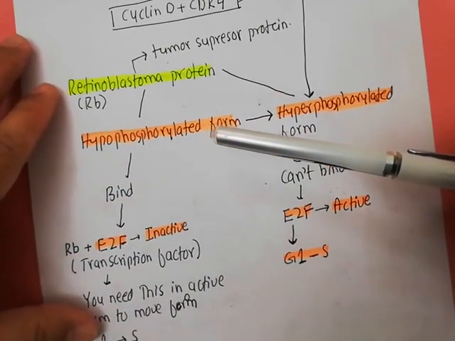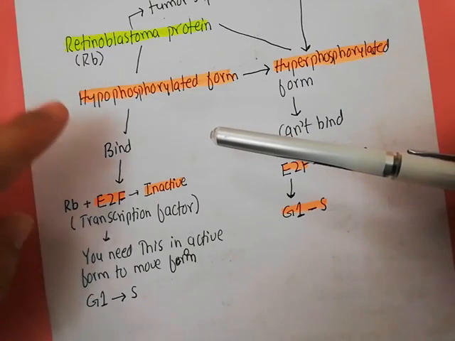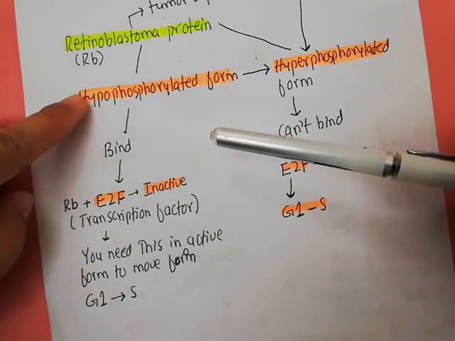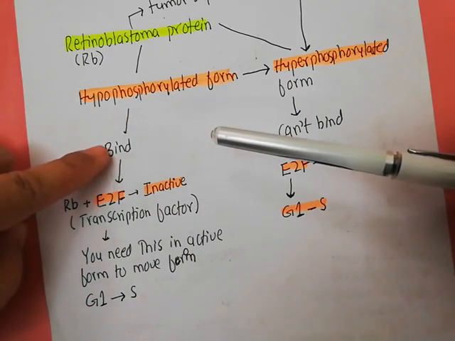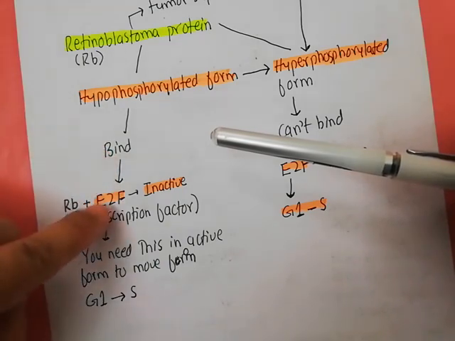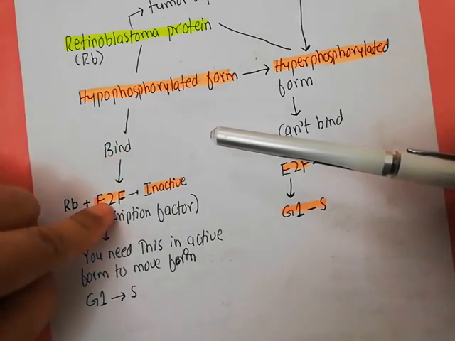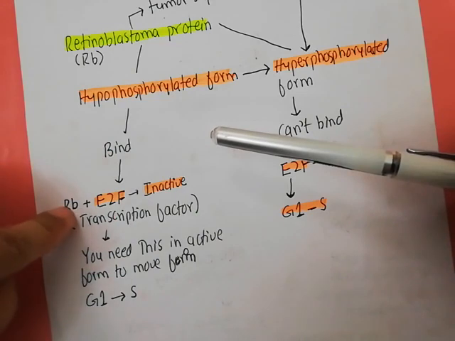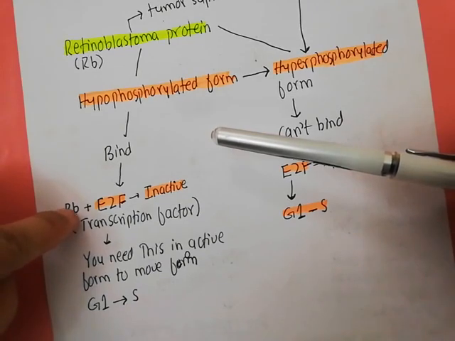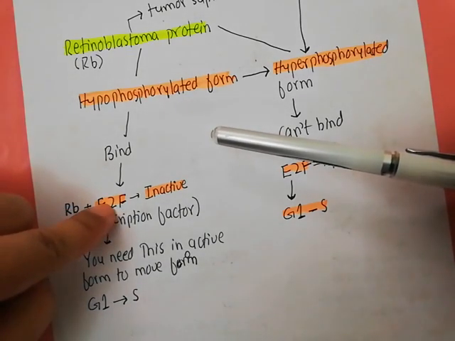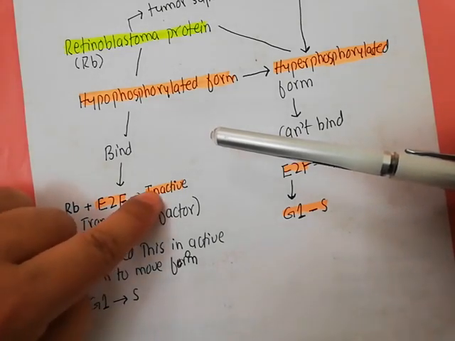Now when the retinoblastoma protein is in the hypophosphorylated form, it is going to bind to an important transcription factor known as E2F. For short, the retinoblastoma protein is known as RB. So when this retinoblastoma protein is attached to the E2F transcription factor, your E2F is in the inactive state.